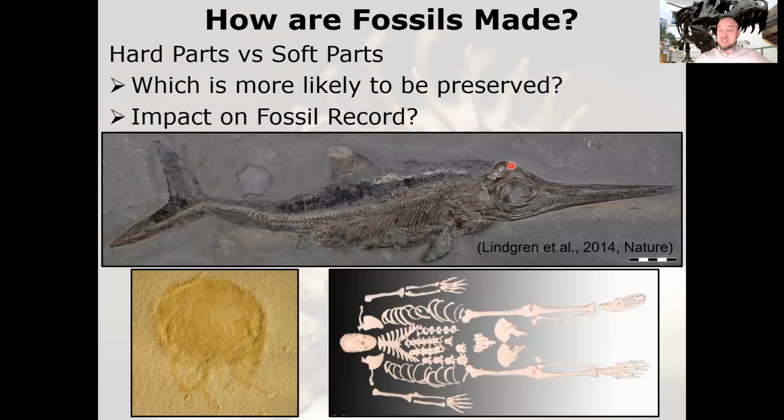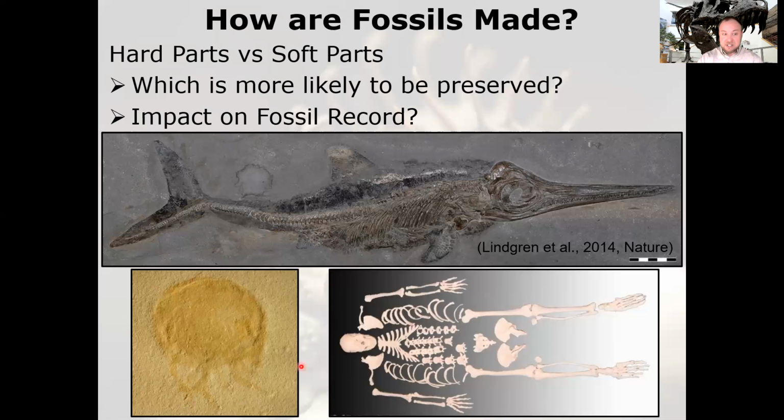So it's not always just the hard parts that are preserved, but it's very uncommon to see soft things preserved in the fossil record, which also means that there are a lot of organisms that are way more likely to be represented in the fossil record than others. So for example, this jellyfish, the fossil record of jellyfish, of worms, of animals that have only soft body parts that do not have a skeleton, it's very scarce.